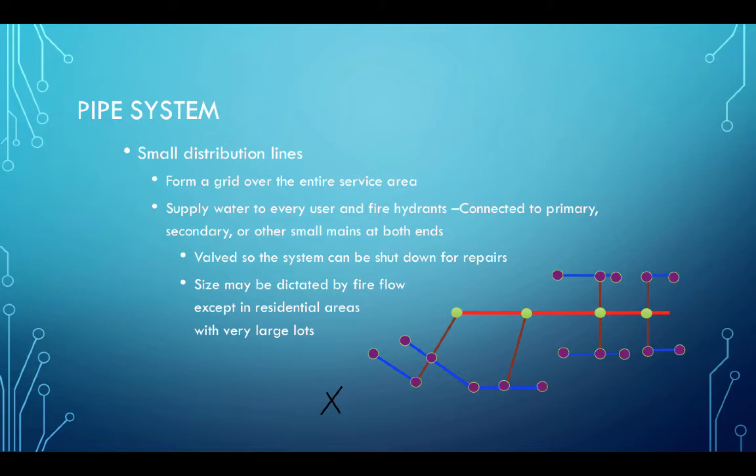The minimum sizes in Texas are specifically stated in the rules that you did for homework assignment 2, I believe. It has minimum pipe sizes based on the number of anticipated connections.